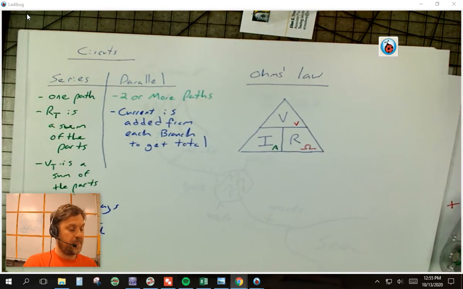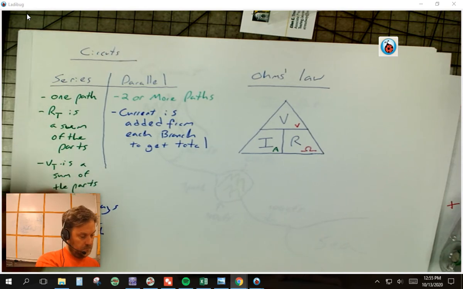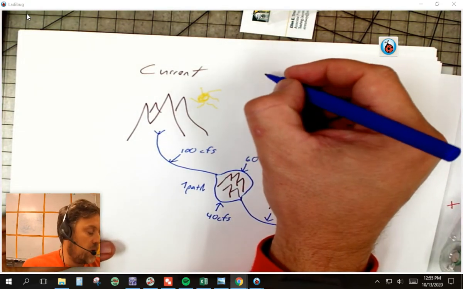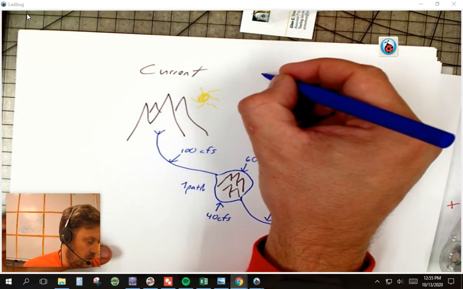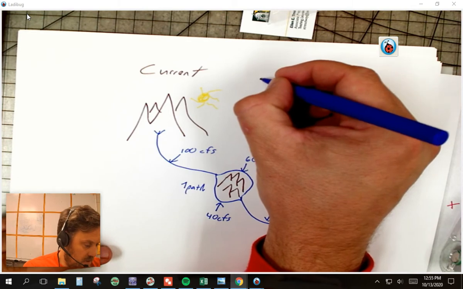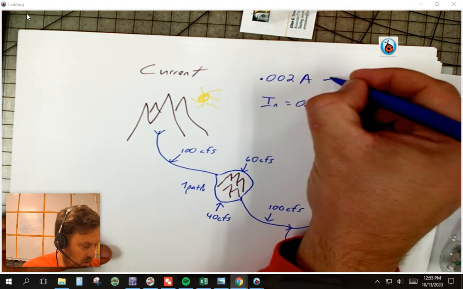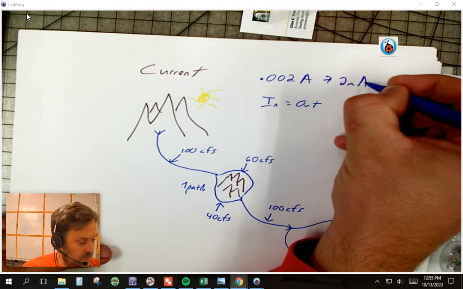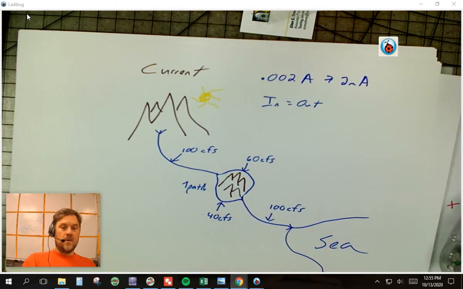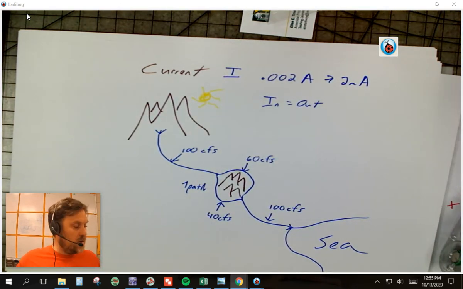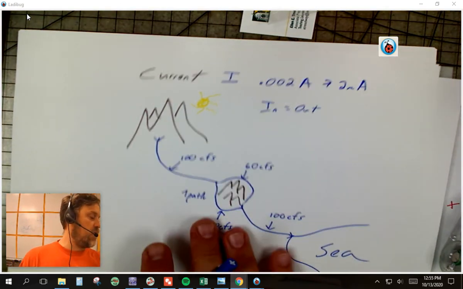Okay. So for an example of current, let's say I was going to write something, we might have something like 0.002 amps, which would be 2 milliamps. Okay. I wanted to write that, and its symbol is I. All right. So that's current.